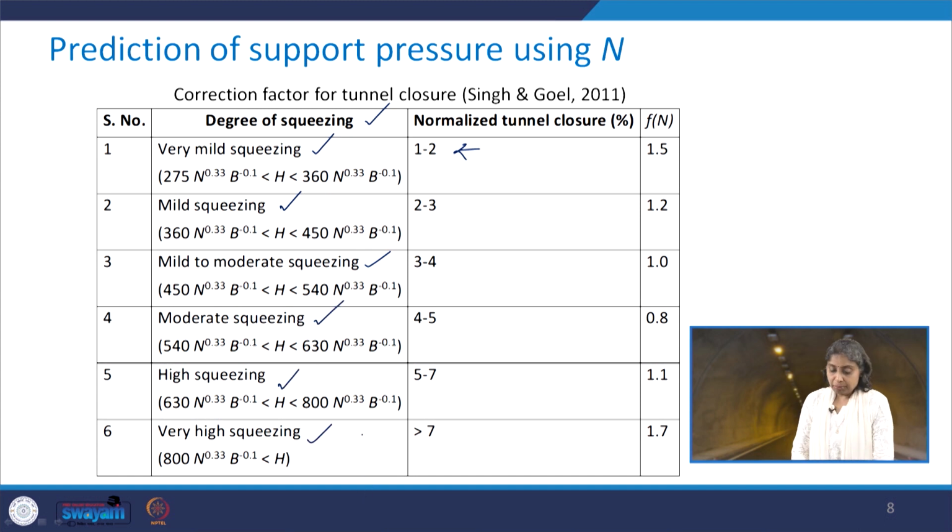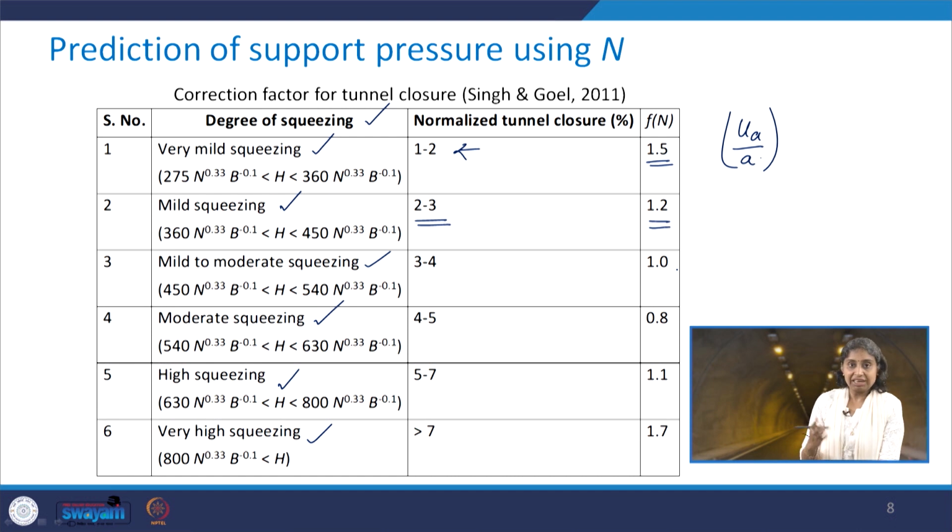So here, corresponding to the degree of squeezing, you will have the normalized tunnel closure in percentage. This is defined as Ua upon A in percentage. Based upon that, you have the correction factor given in this table.